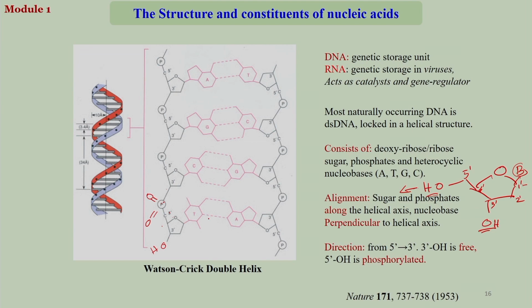Watson and Crick found out that if you attach the nucleobase to the 1 prime position, you get a pattern where this is the axis of the DNA, the sugar, phosphate, sugar skeleton, and the nucleobases are aromatic rings. Therefore they are planar systems, almost perpendicular to the helical skeleton.